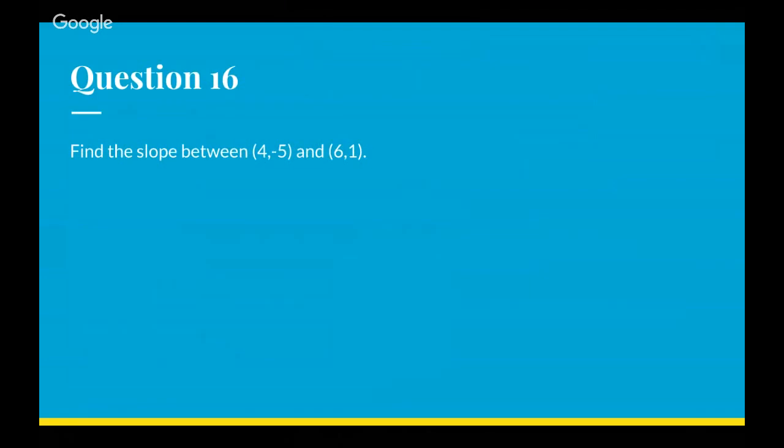Question 16, find the slope between (4, -5) and (6, 1). Answer, 3, or the slope is 3. Question 17, what is the slope of the line 4x minus 6y equals 12?